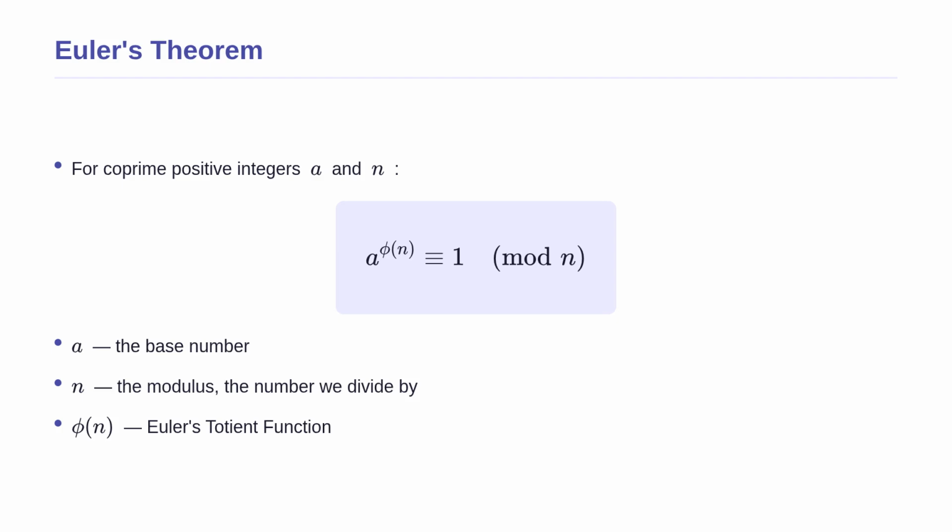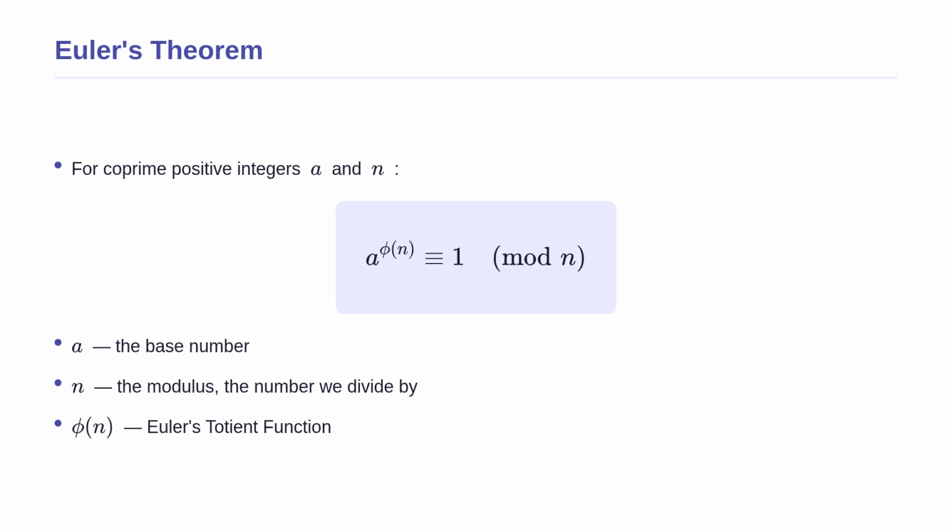Now that we understand the totient function, let us look at the theorem itself. Euler's theorem states that if you take a base number a, raise it to the power of phi of n, and divide by a modulus n, the remainder will always be exactly 1. This only works if a and n are co-prime.